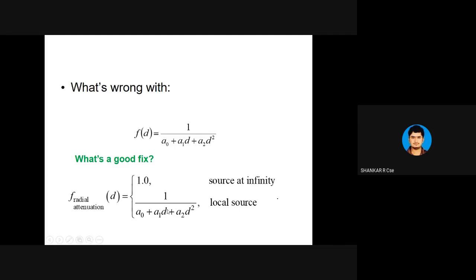So this is the equation. 1 by this, the same equation, 1 by a naught plus a1d plus a2d square. So the good fix is you should take care of the two cases. One is if the tube light is at the 10th floor, you will not see anything. That means you will see 100% loss. Once your tube light is at your distance, that is the local source, and this formula holds good.